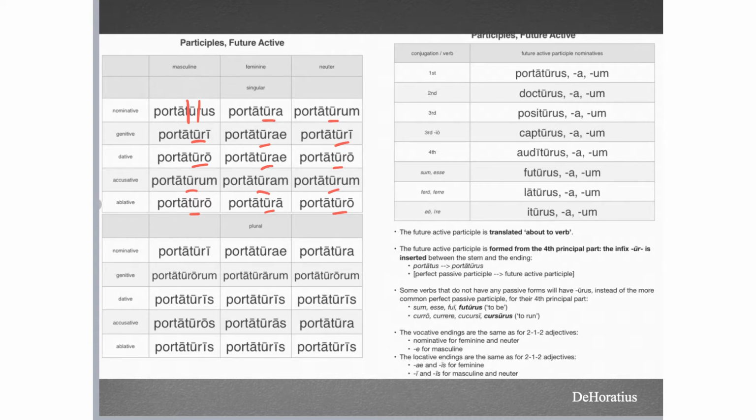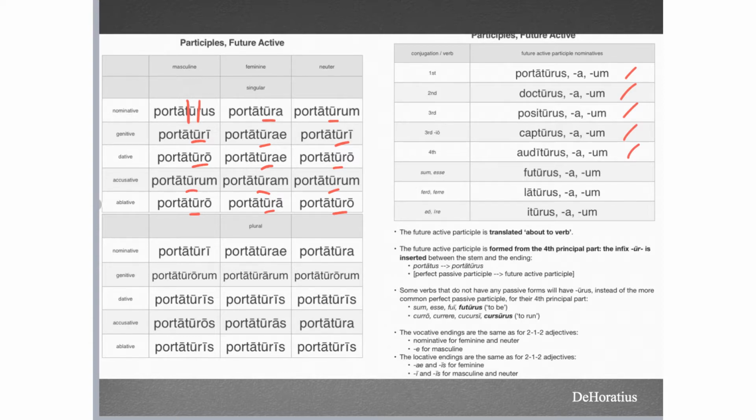So portaturus, about to carry; docturus, about to teach; positurus, about to place; capturus, about to seize; auditurus, about to hear. All right, so that is the future active. Now, I know this is a lot, and it seems like a lot of forms, but remember, there are no new endings here. The endings are used with slightly different things.